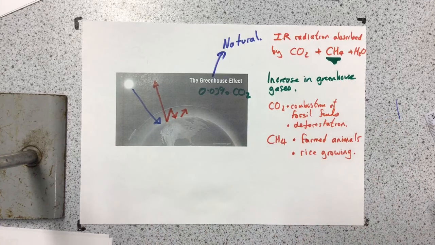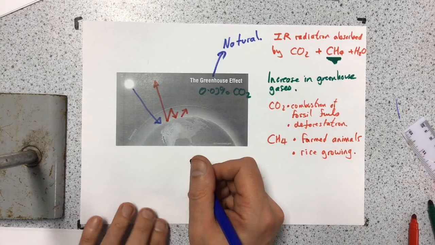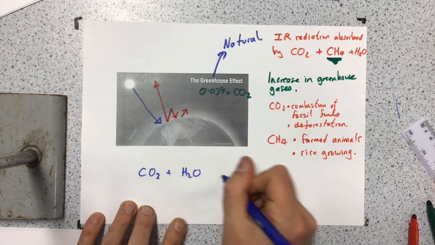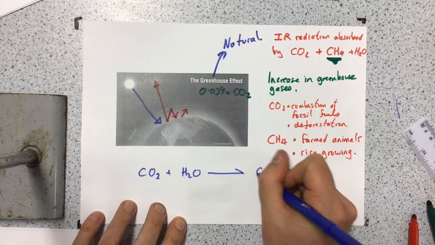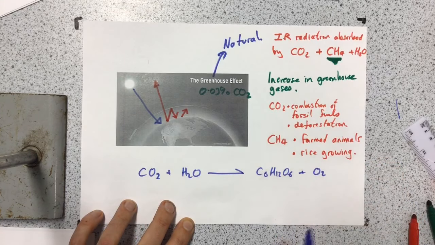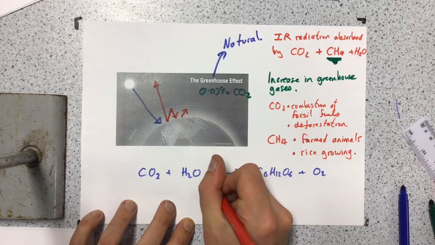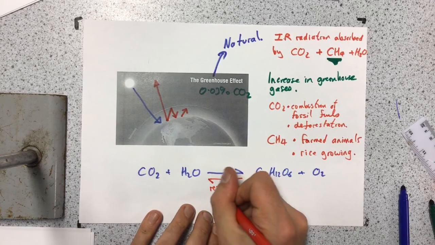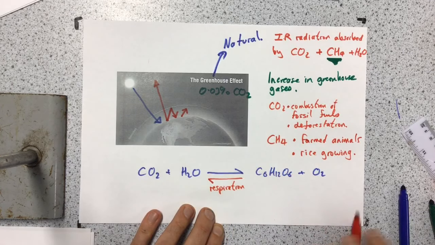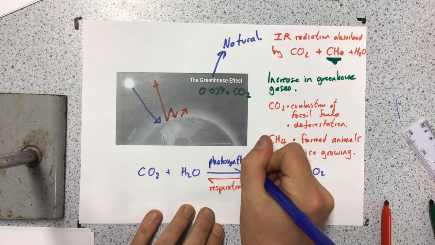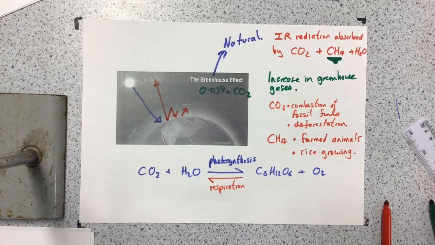Okay, so we've got an imbalance now. Because what we did have at one point was that carbon dioxide was reacting with water during photosynthesis to make the glucose and the oxygen. And at the same time, this process was reversed during respiration, and we had a nice steady balance. And you will have come across this in biology when you've looked at the carbon cycle, okay?